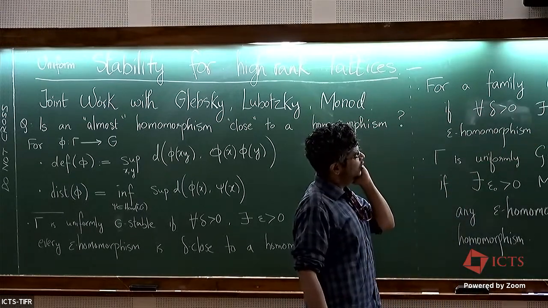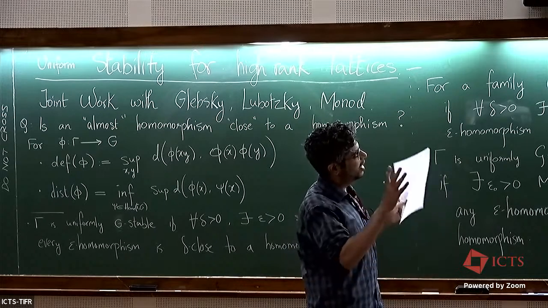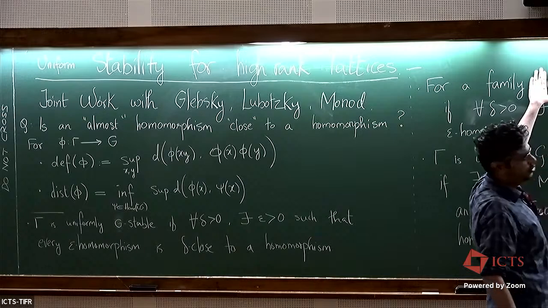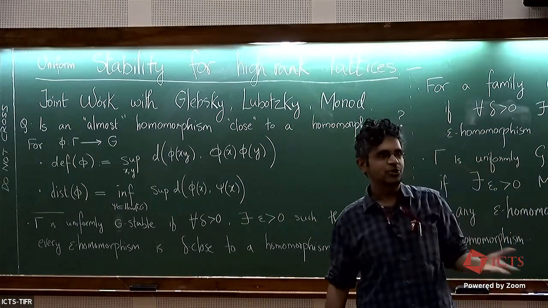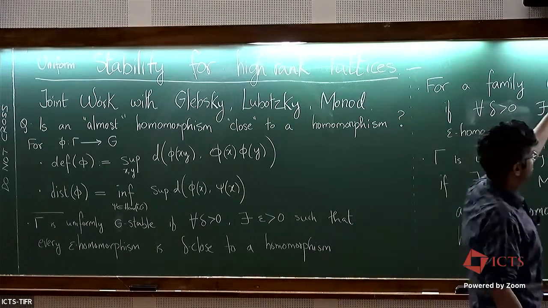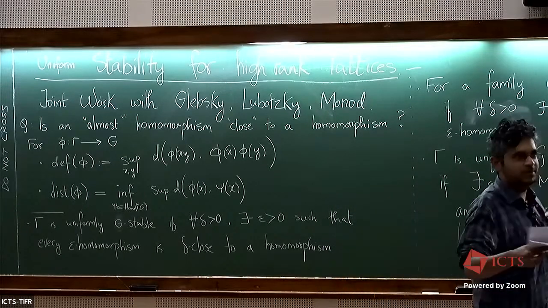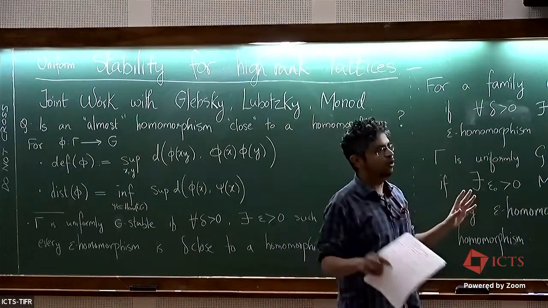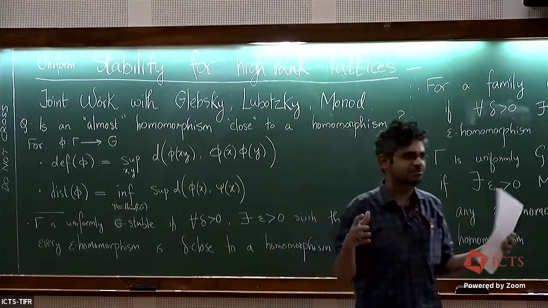Why that is useful is because in our setting, for instance, we'll always take this capital G to be the set of unitary groups with some nice norm, a submultiplicative norm. We'll see why later. We'll think of almost representations rather than almost homomorphisms.